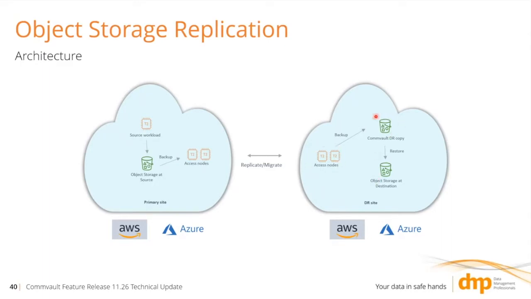You can have a disaster recovery backup, and from that disaster recovery backup, you can restore that to the other object storage or other file system where it's supported. So it's a really basic setup, not complex. It's really based on backup and restores on a certain time interval.